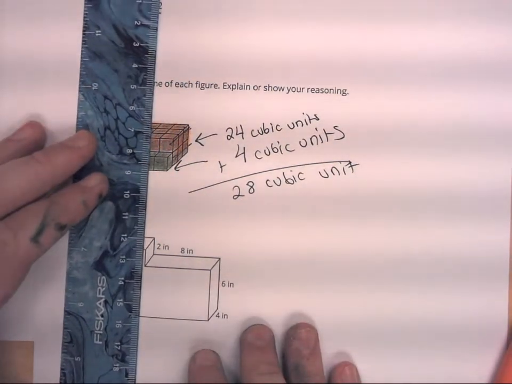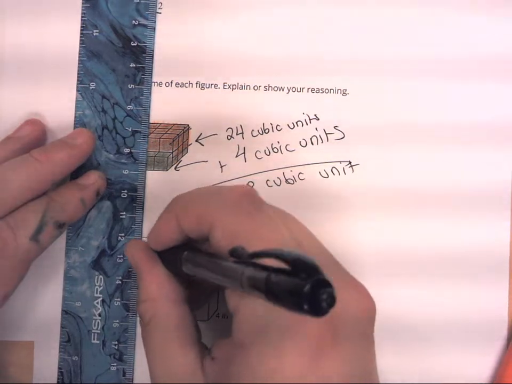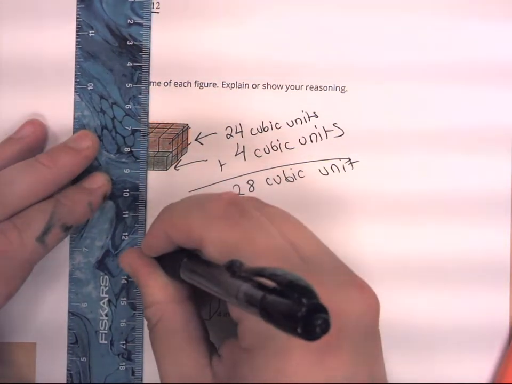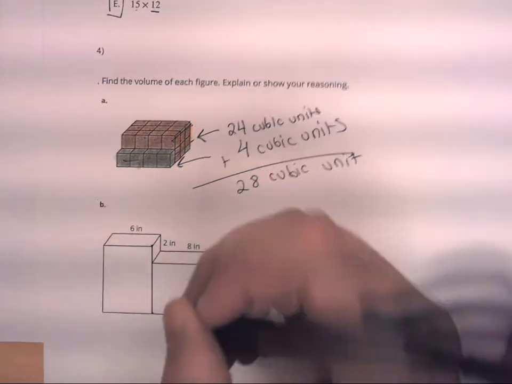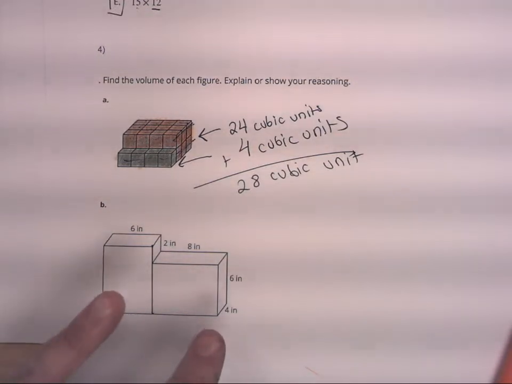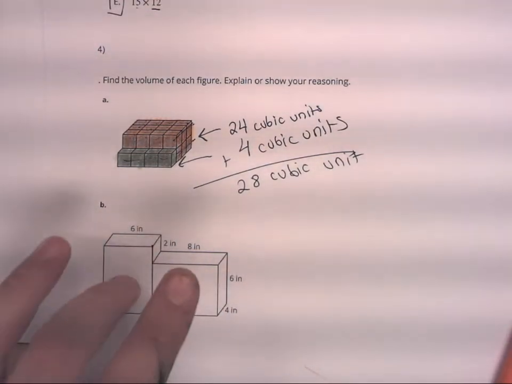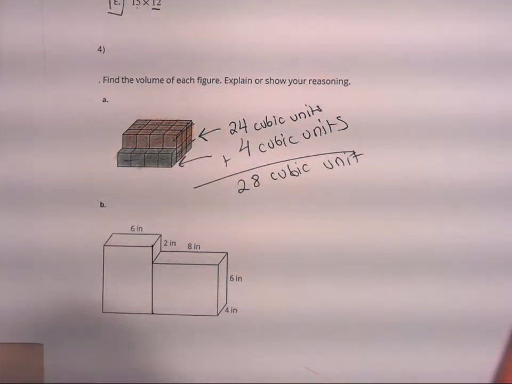As always, there is more than one way to separate this figure into two prisms, but I've chosen to separate this figure into a prism here on the left and a prism here on the right.